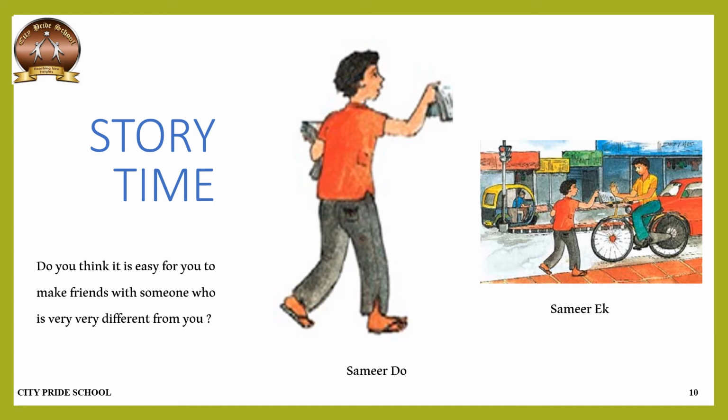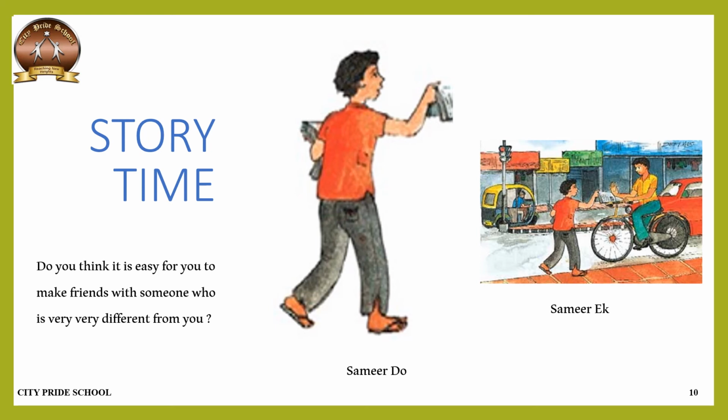Samir Do says, "Yes, many people are being killed in the riots. It is a communal riot and all my family members are in Meerut where this riot took place." Samir Do's eyes were filled with tears, and when Samir Ek touched his shoulder, he would not look up because he had lost his family in this.